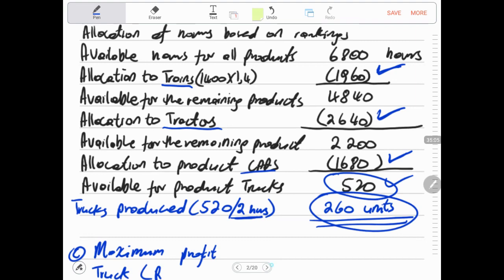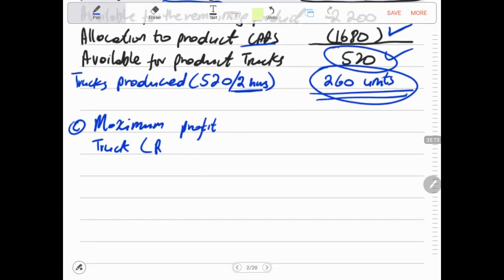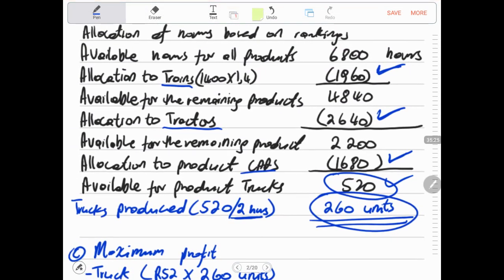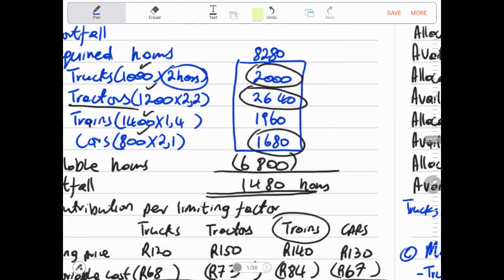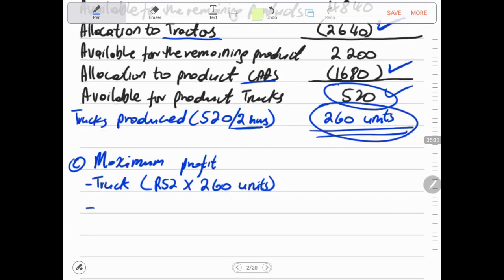So we say 52 rand times this by the units. 52 times this by 260 units. Then after the trucks we have, let me just confirm, the tractors is 1,200 units.